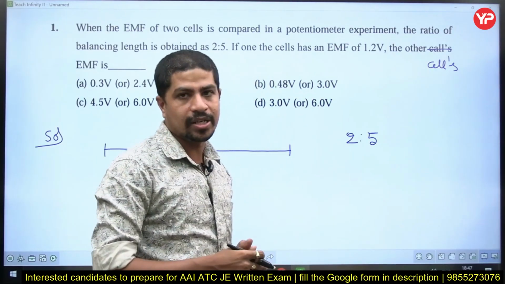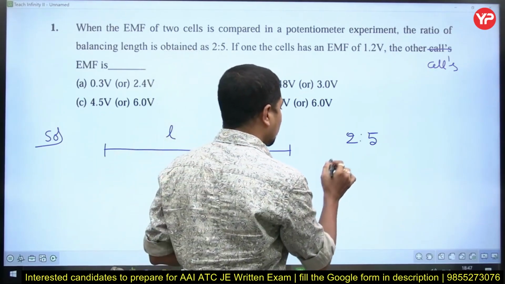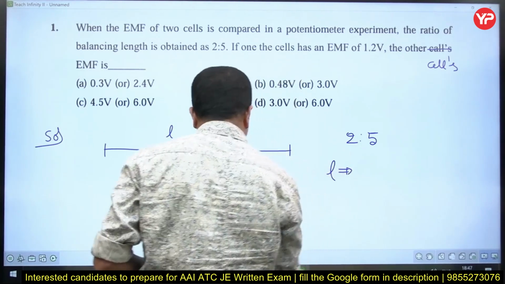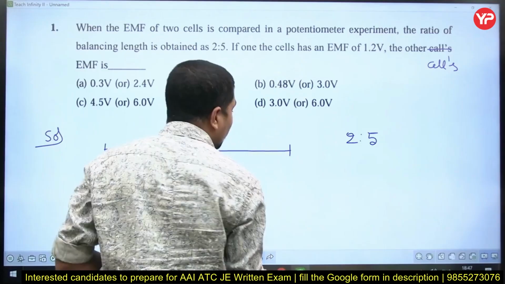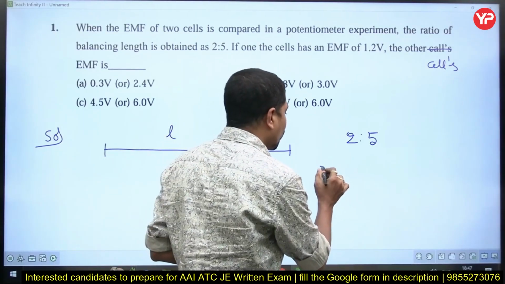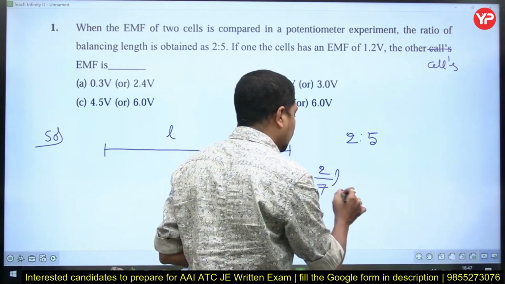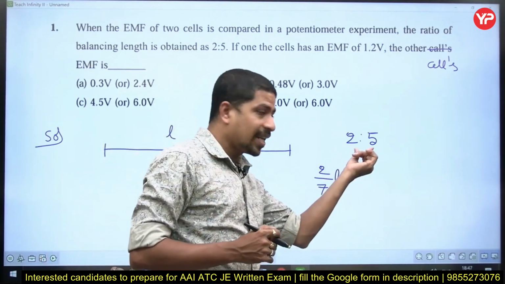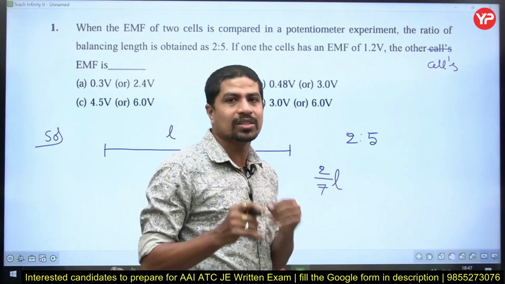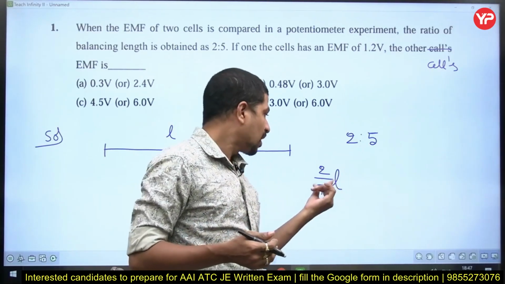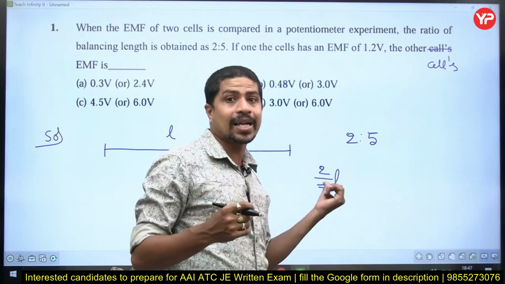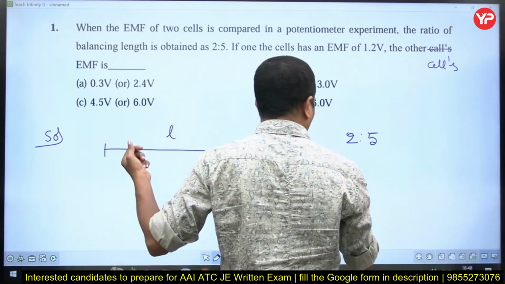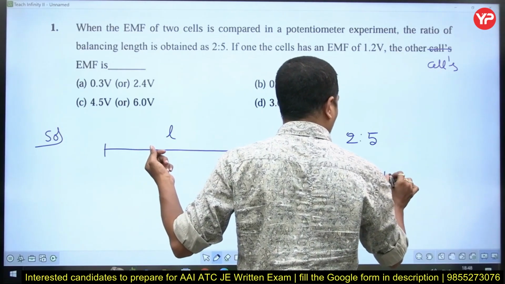I can take the total length L as 7 parts, 2 parts and 5 parts. This is a little aptitude we need to add. Out of 7 parts, 2 parts, so one cell is getting balanced at 2/7 L. The voltage is 1.2 volts.